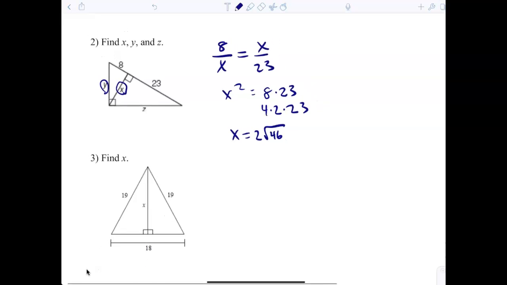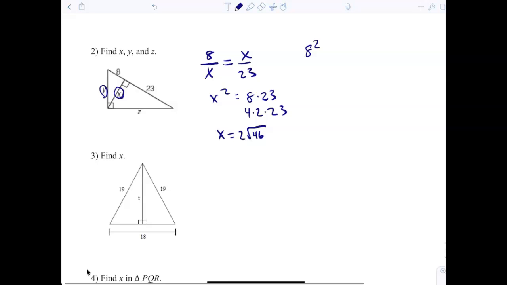So now it is just 8 squared plus 2 radical 46 squared equals Y squared. 64 plus 4 times 46. I just wanted to show that step for you, if you forgot. And we'll get close to times where you'll be testing, when you go to the high school that you want to get into.